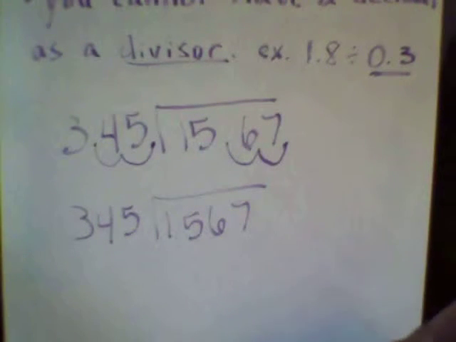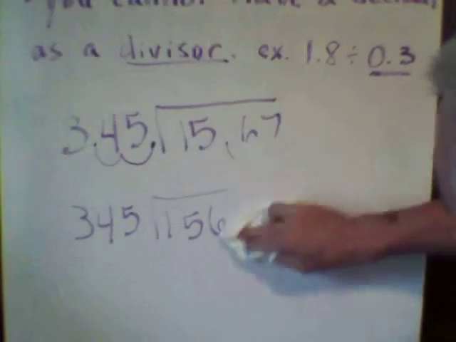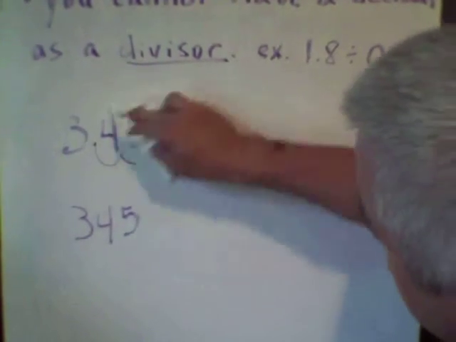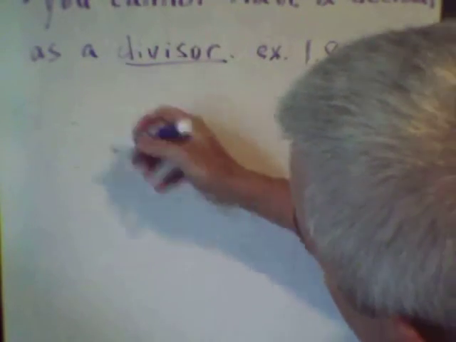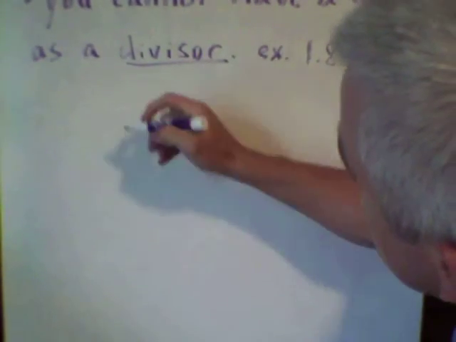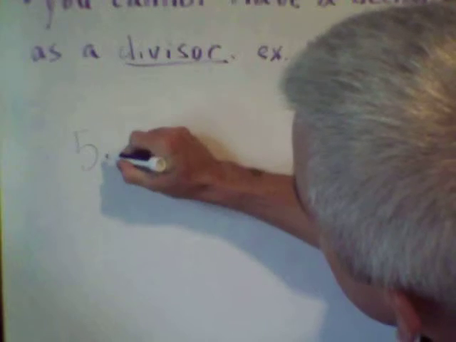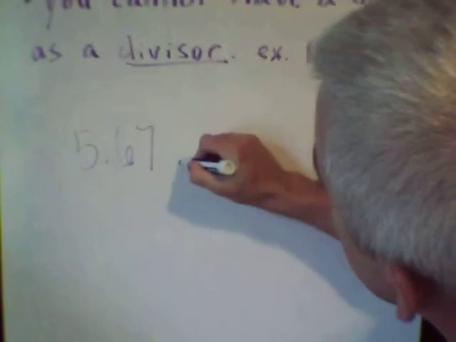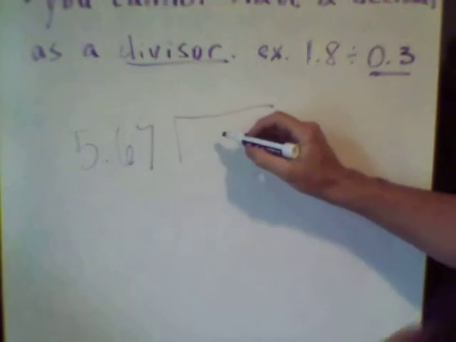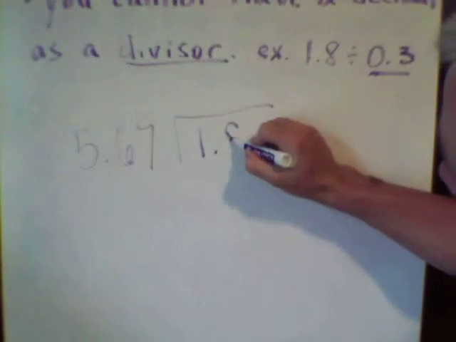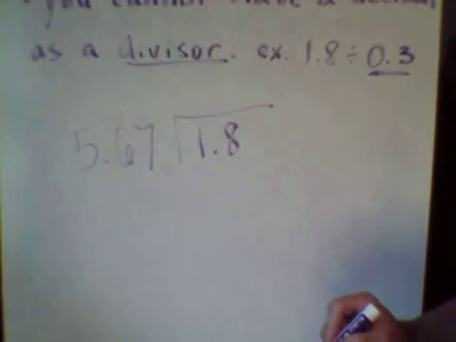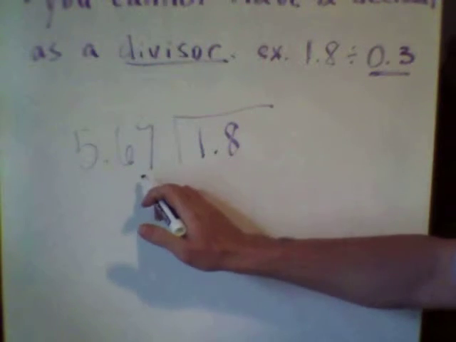1,567. Now, it gets a little bit complicated or tricky if, my marker's fading out, sorry about that, if I have 5 67/100ths and I only have 1 8/10 to divide into. Now, obviously, I have to move this 2 spaces.